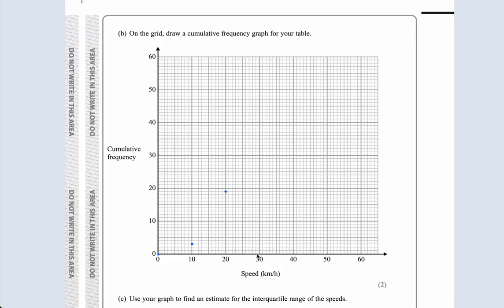Then 40 is 53, 50 is 58, and 60 is 60. Now we join these up, making a nice curve.